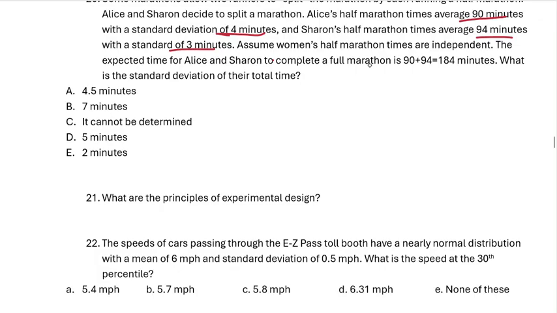The expected time would be 90 plus 94, 184. What is the standard deviation of their total time? So you're putting these together. And so they're independent variables. And so it's going to be 4 squared plus 3 squared. And the square root of 4 squared plus 3 squared comes out to be 5.